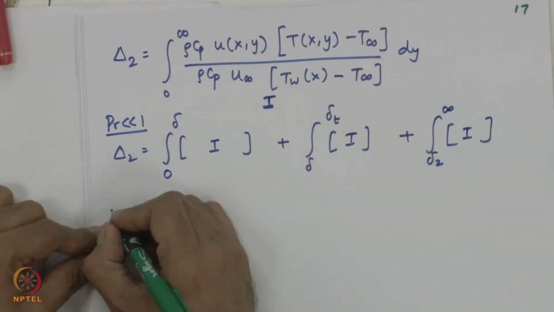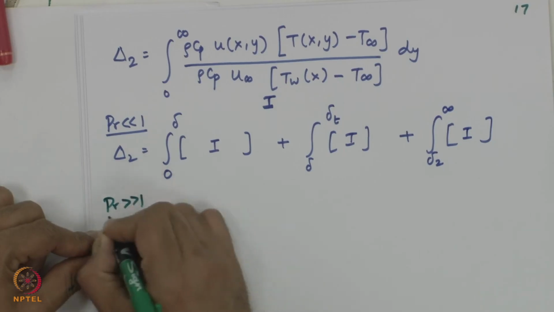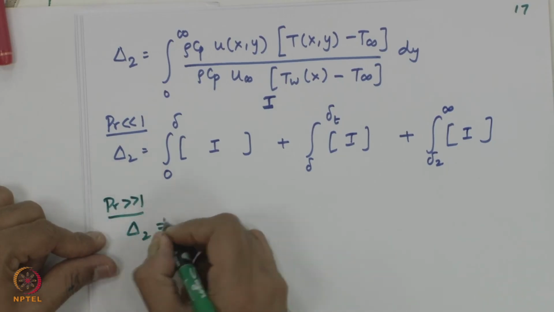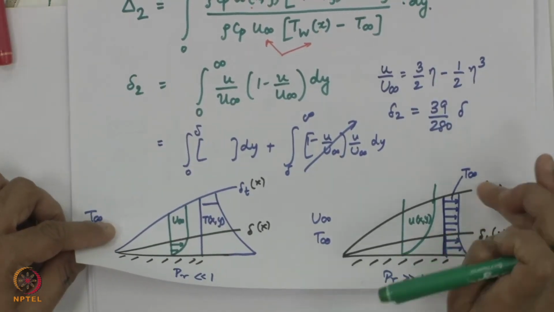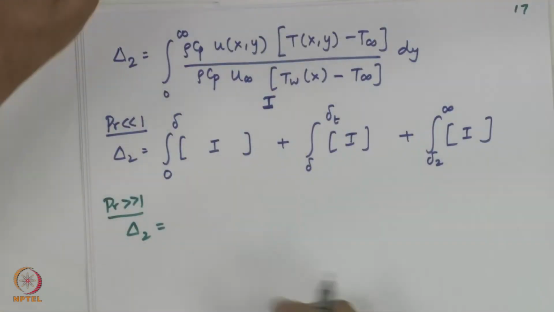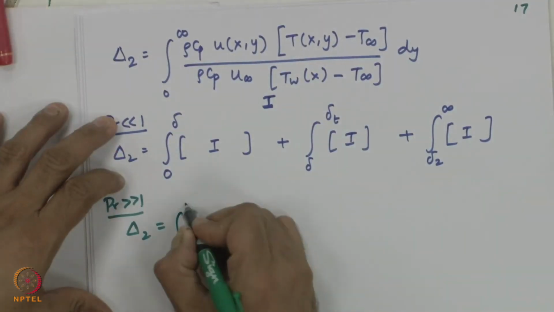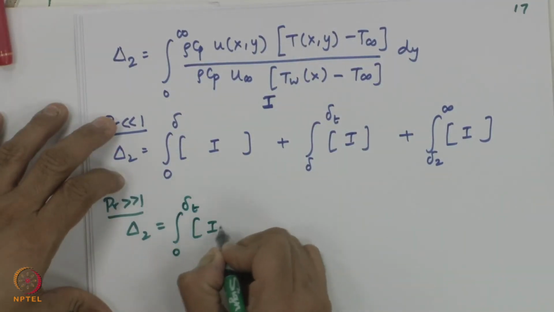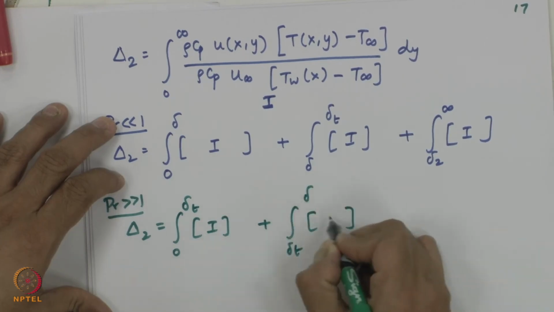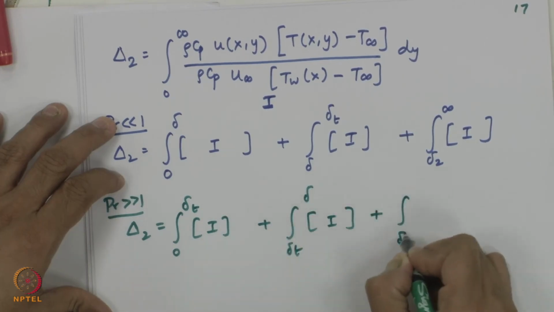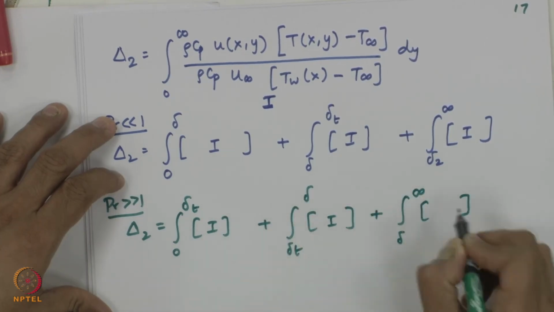Pr greater than 1 case, this delta 2 would go from 0 to delta T, delta T to delta, and delta to infinity.